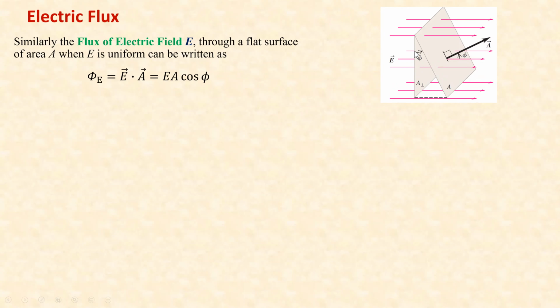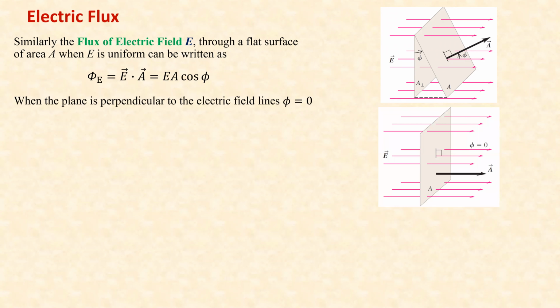But this phi can be viewed as the angle of the plane to the perpendicular to the electric field, or as the angle of the area vector of the plane to the electric field. So we can write it as E dot A the same way.